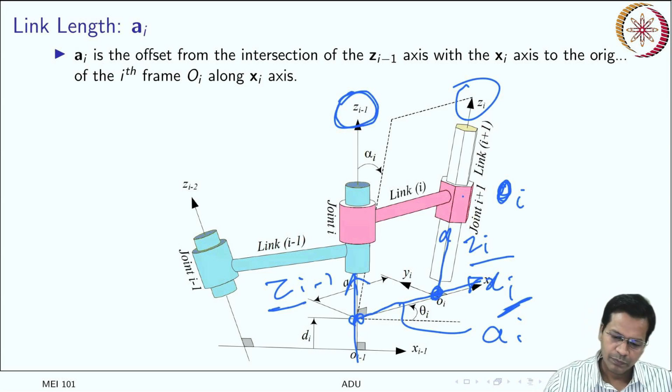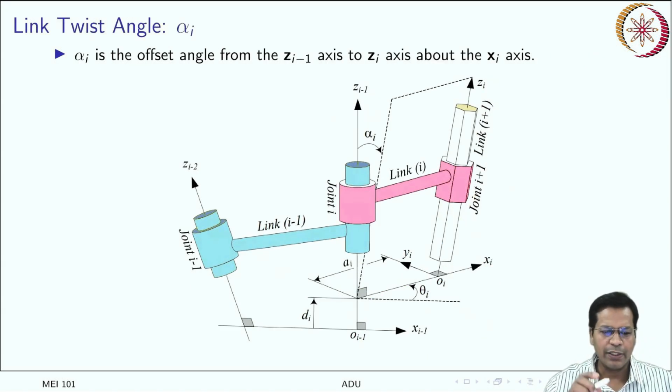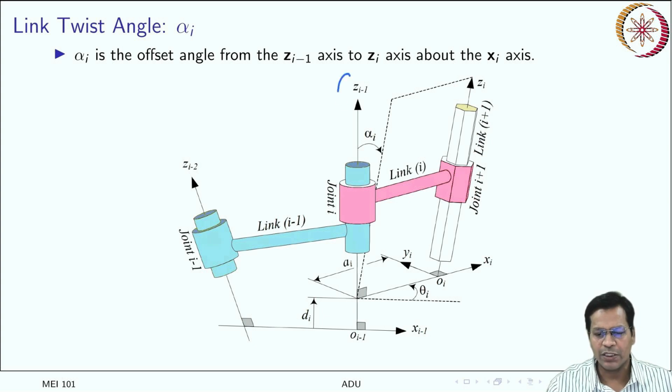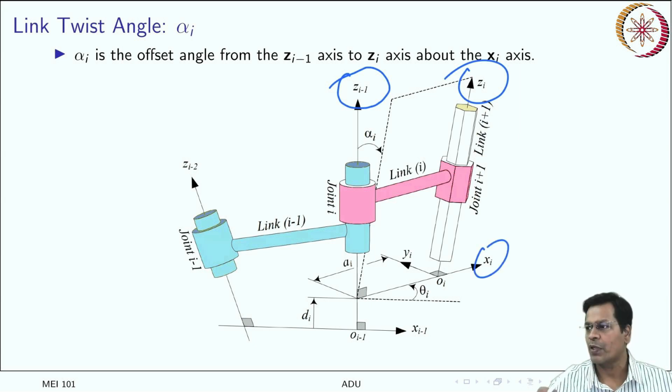Okay, so now let us move ahead. So what is the twist of a link? As rightly said, the name actually speaks. So this is the angle between zi minus 1 and zi, measured along the xi axis.